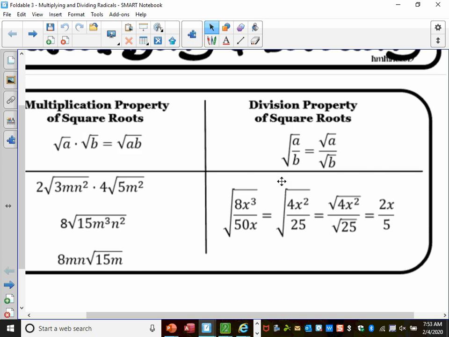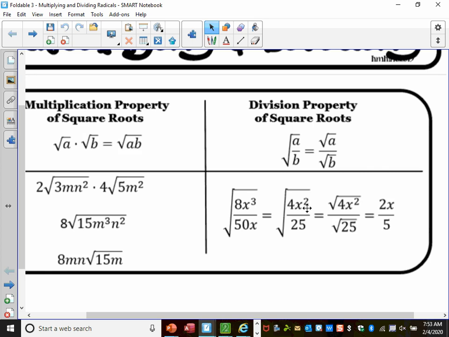So that's why you see it written that way. You can and you should simplify just like you do a fraction, like 8 over 50 can be reduced to 4 over 25. When we divide with exponents, we subtract them. So that's why you see that became an x to the second.